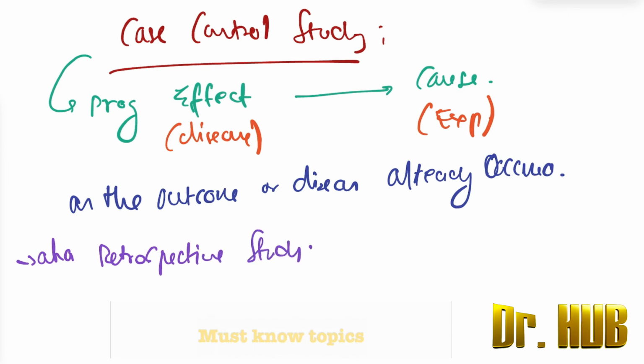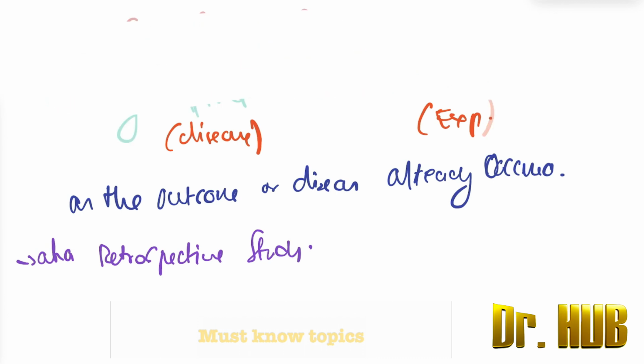So let's look at what the design of a case control study looks like. To begin with, it's backward. There's a population.